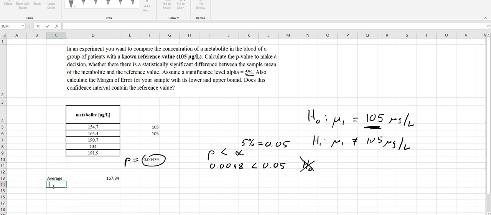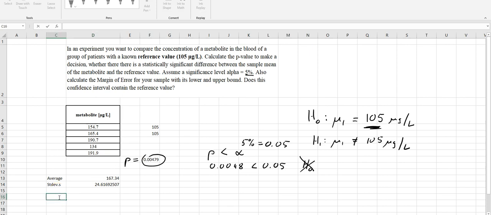Now let's quickly calculate the standard deviation, and here we are dealing with a sample standard deviation. So here equals STDEV, and we are using the standard S here. Again, we highlight the cells. So that is our standard deviation.